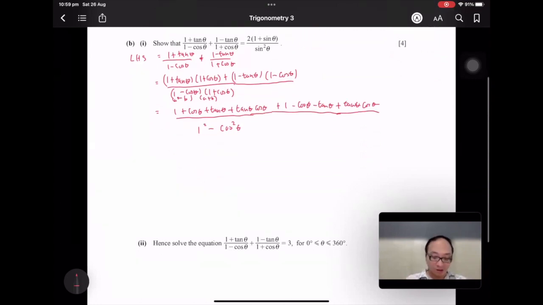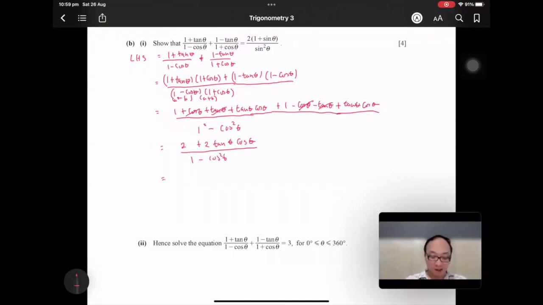So from here, I can cancel tangent and tangent, and then I can cancel cos and cos. So I have 2 plus 2 tangent theta cos theta over 1 minus cos squared theta.